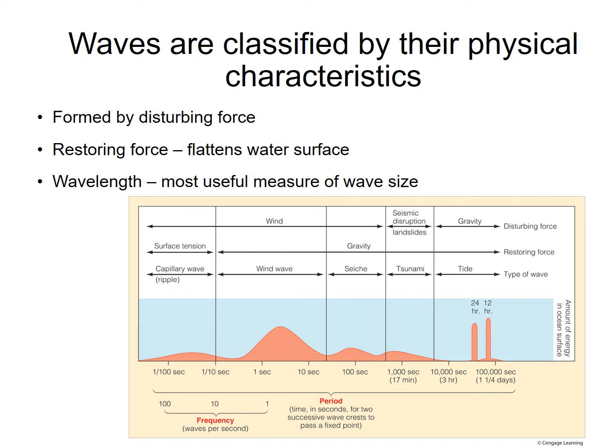These are tiny ripples in the ocean, or it can also be in a sink or in a bathtub. And it is the surface tension that wants to flatten that wave out again. And then we have wind waves, and we have seiches and tides, and here it is gravity that wants to flatten out the wave.